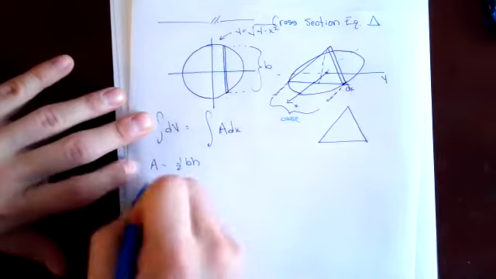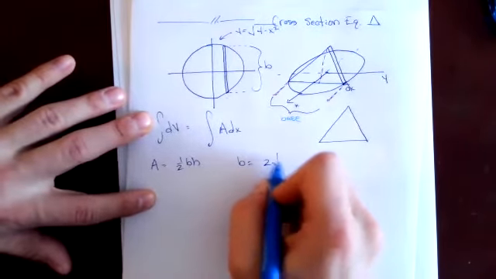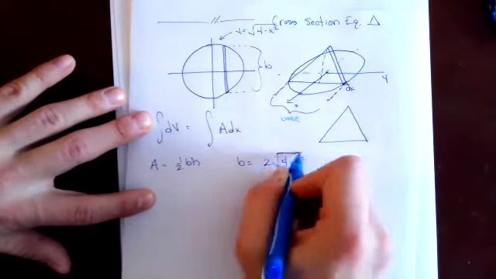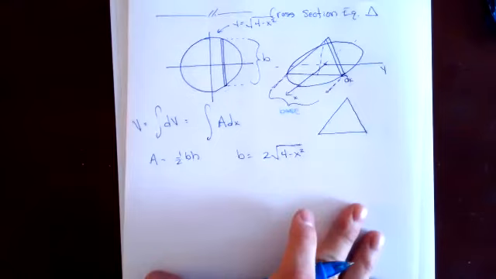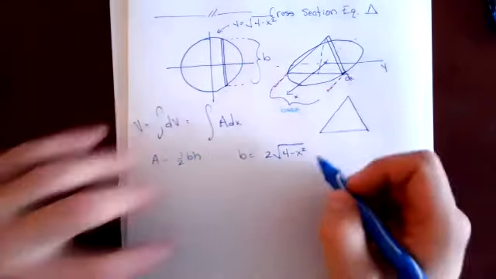So the base is pretty easy. The base is just going to be 2 times the square root of 4 minus x squared. Essentially the same base as our squares were in the last case. But in this case, instead of squares, I can't just take the base squared. Now I've got to figure out the height.